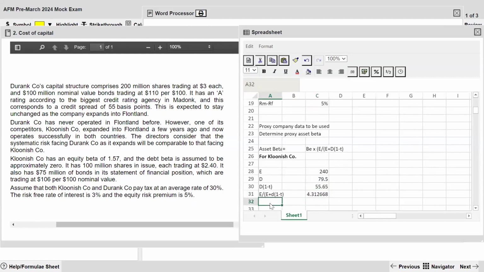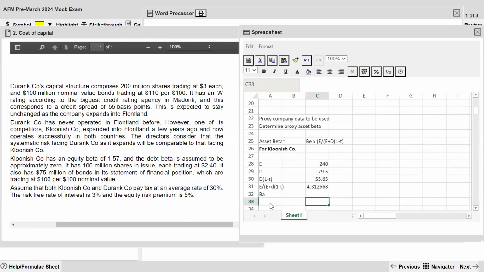Basically, asset beta is equivalent to equity beta multiplied by E divided by E plus D(1 minus T).